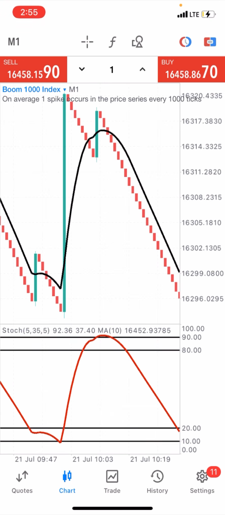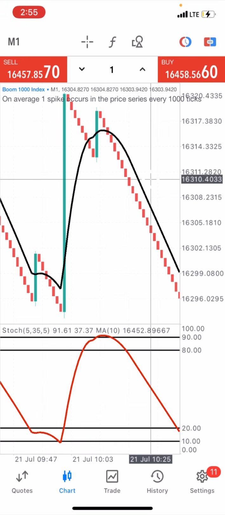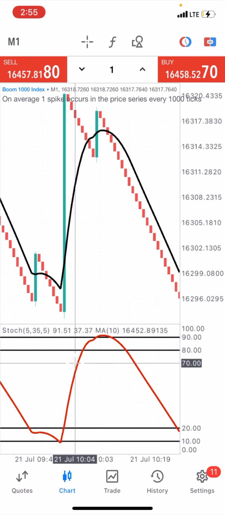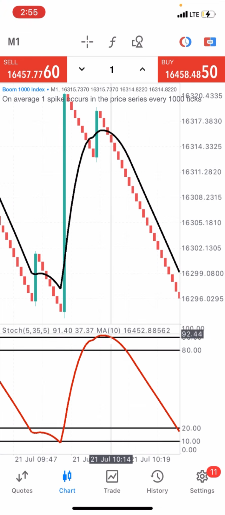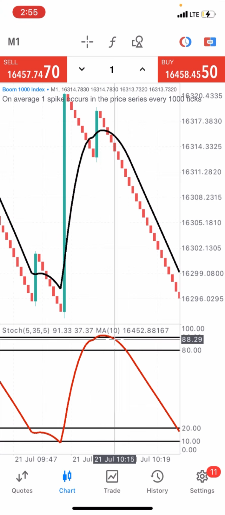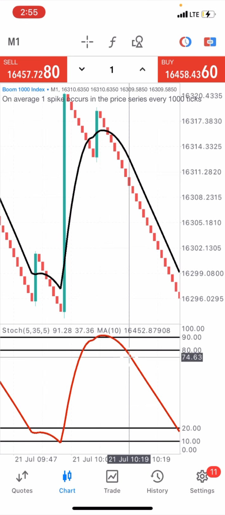My students understand perfectly what I'm talking about, but since we are just going to be maximizing this strategy to make profits, guys, after meeting that first condition on the main chart, the next thing you want to look out for is your moving average on the indicator window is around the level 90 and has dropped below level 80 and is going down, right?